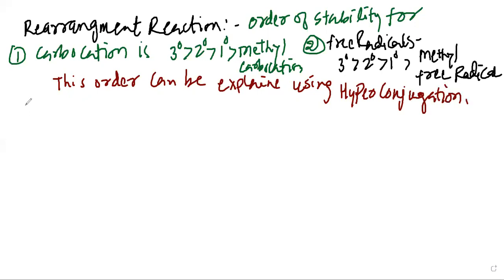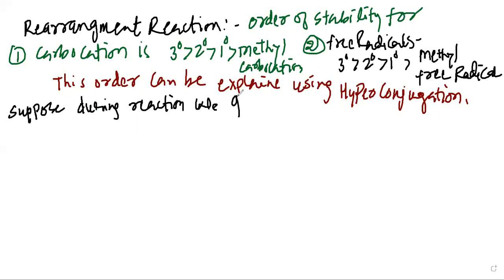Now, my dear students, suppose during a reaction we get a carbocation which is primary.